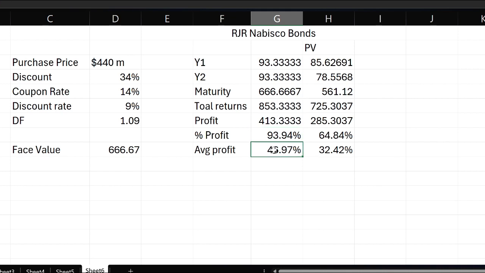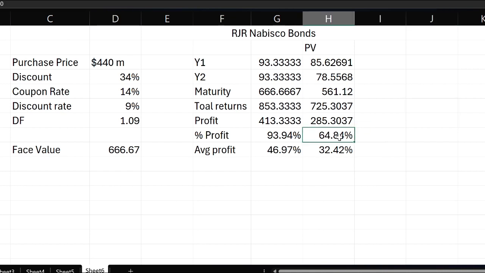The average annual profit is 46.97 based on the calculations we have given. If you add the PV discounting factor of 9 percent, which we have taken based on previous case studies, the present values keep shifting, and finally the total returns is 725.3037, and the core profit is 287.3037.